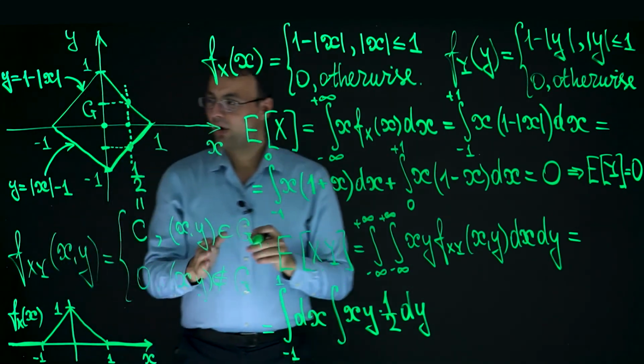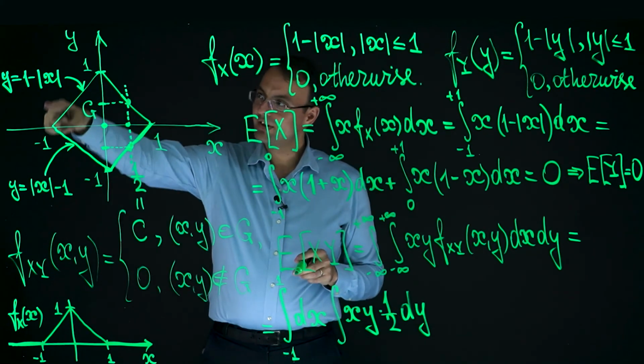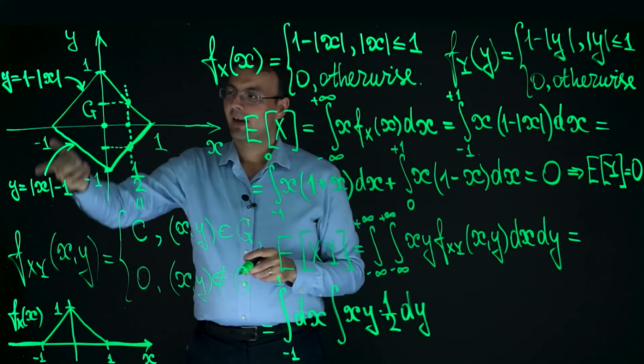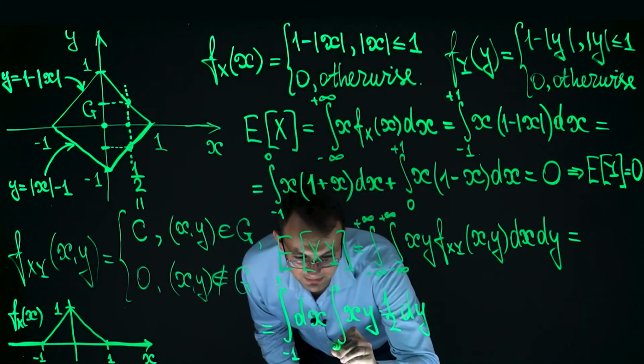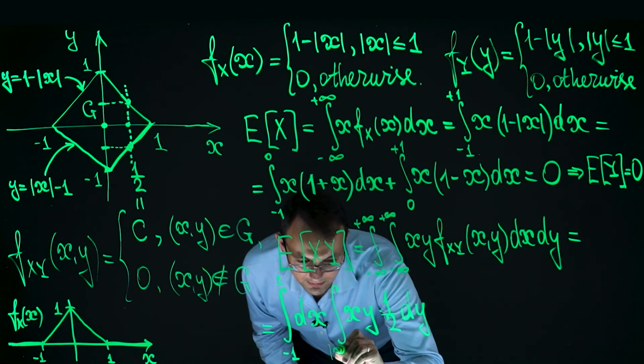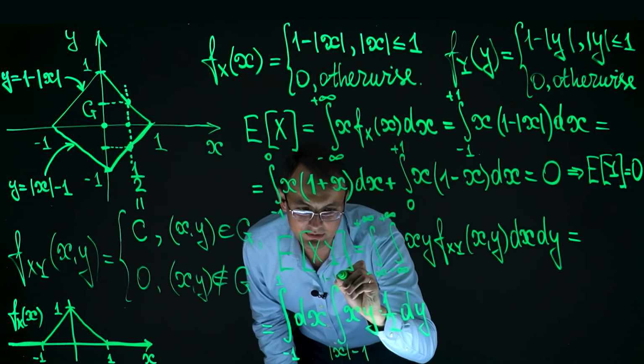We have already got them, we have found them previously. So limits of integration are modulus x minus 1 and 1 minus modulus x.